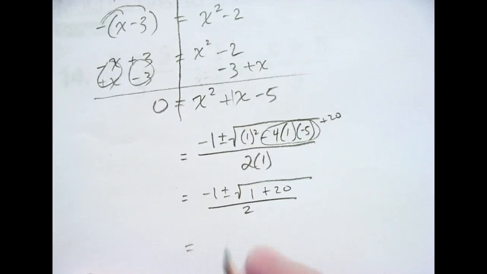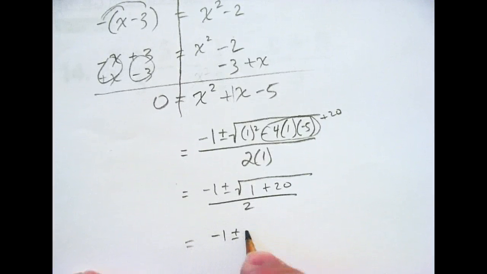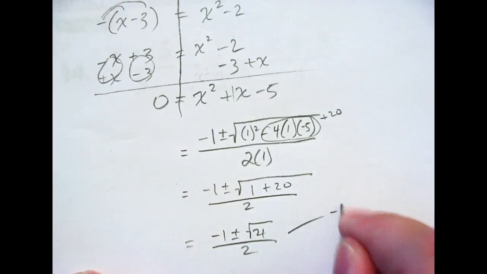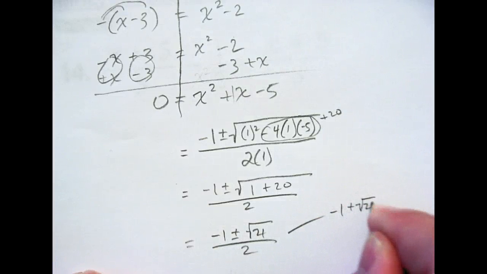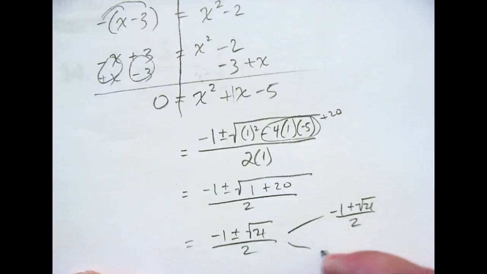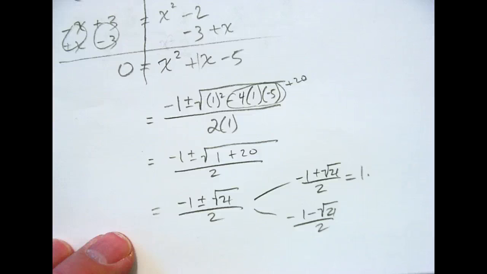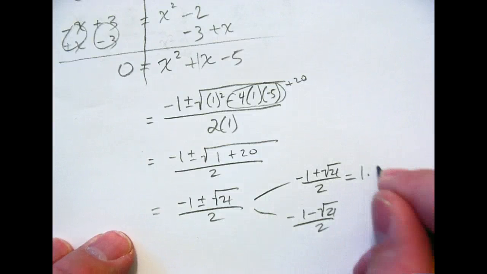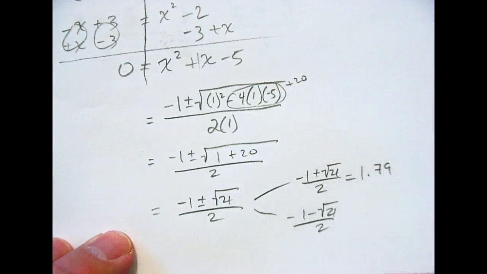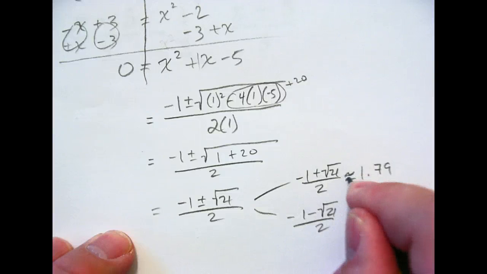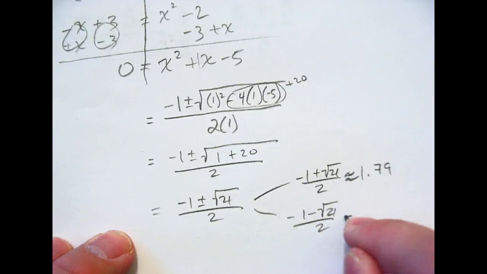Good. Gives -1 plus or minus root 21 over 2. Break that apart now. So we get -1 plus root 21 over 2 and -1 minus root 21 over 2, which gives us approximately 1.79. This gives us -2.79.